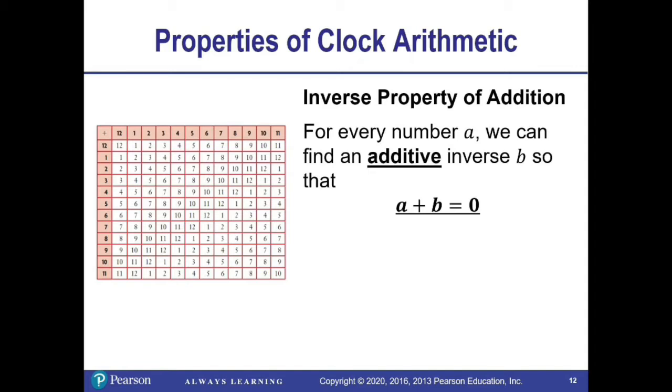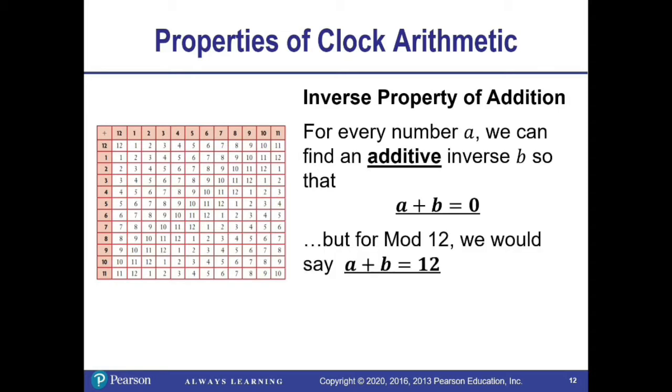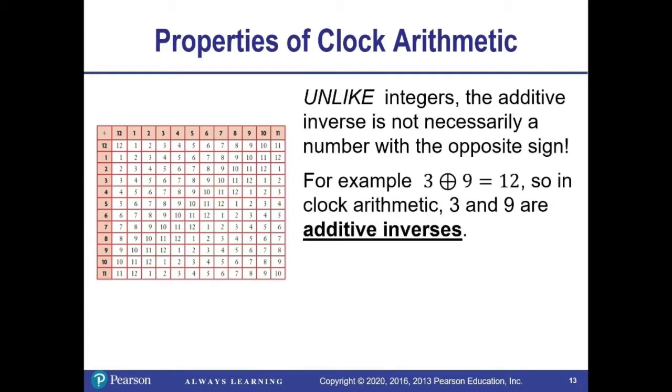But since 0 and 12 are the same on the clock, our additive inverse is the number that we add to make 12. Unlike integers, the additive inverse is not necessarily a number with the opposite sign. For example, 3 and 9 are additive inverses in clock arithmetic because 3 plus 9 on the clock equals 12.